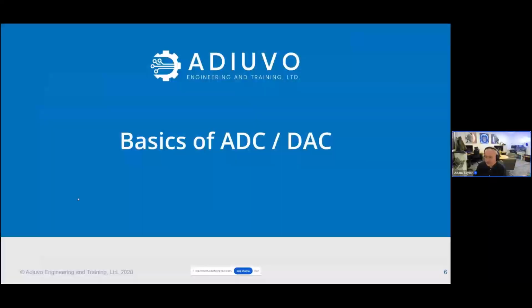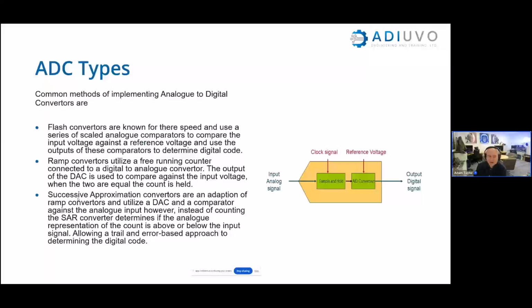So let's take a look now at the basics of an ADC and DAC and see how we can understand a little bit about these. So the ADC, that's the first bit, and its role is to convert a continually changing analog voltage or analog signal into a quantized digital value.